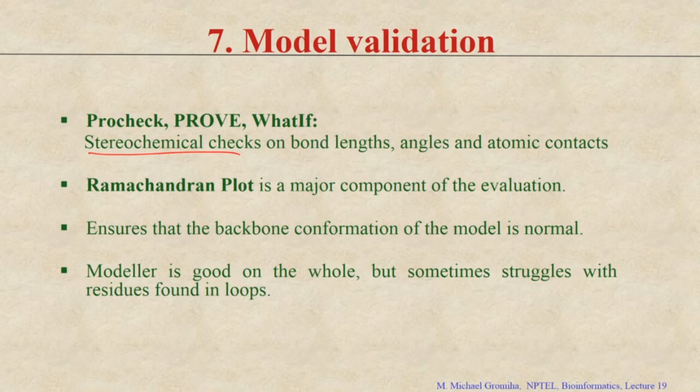The second one is the Ramachandran plot, which is also one of the major components for evaluating your structure, whether the structure is mainly in the allowed region or not. Once you do this, it ensures that the backbone conformation of the model is normal, because if most of the residues are within the allowed region of the Ramachandran plot, then the backbone conformation is almost correct.